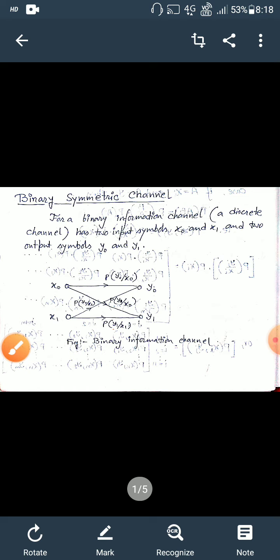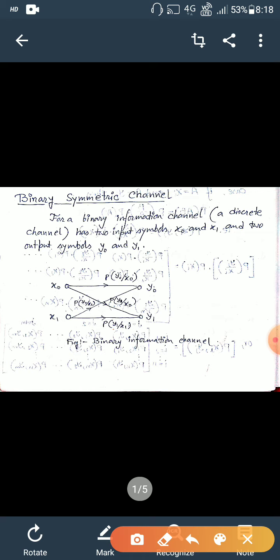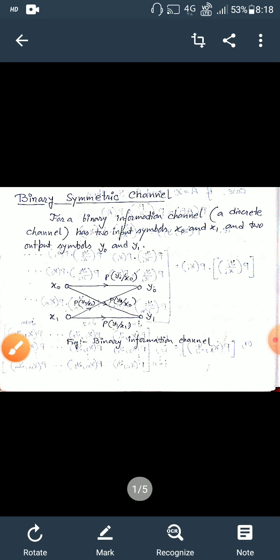If we consider y1, the transition probabilities are p of y1 given x0 and p of y1 given x1. So this is the typical figure for the binary information channel.